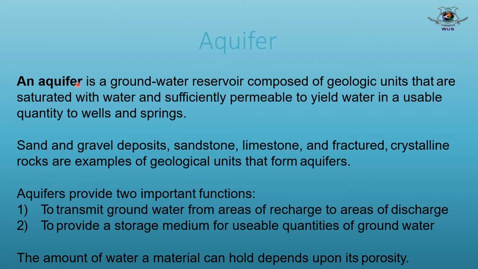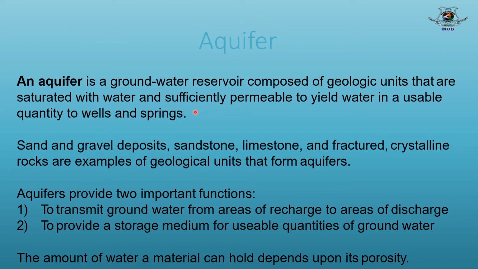Aquifer. An aquifer is a groundwater reservoir which is composed of geological units that are saturated with water and sufficiently permeable, which can yield water in a usable quantity to wells and springs. In another way we can say the soil strata which contain groundwater and will readily yield it to wells are called aquifers.